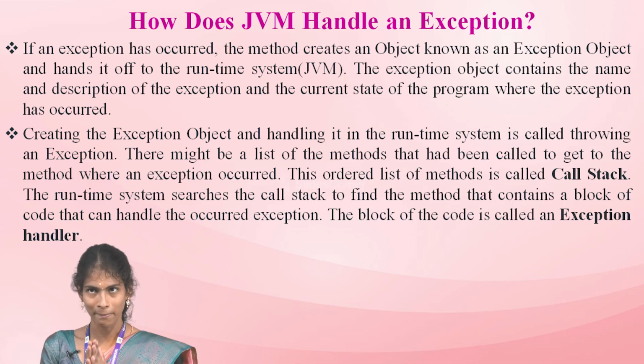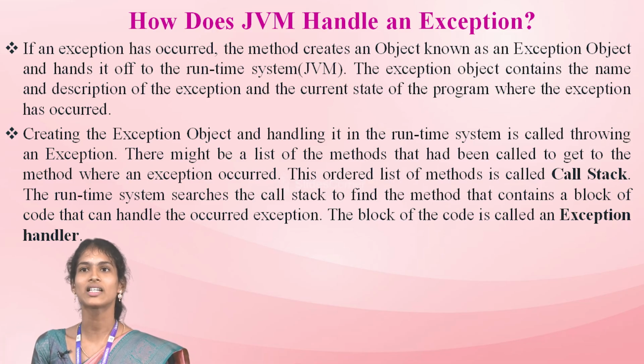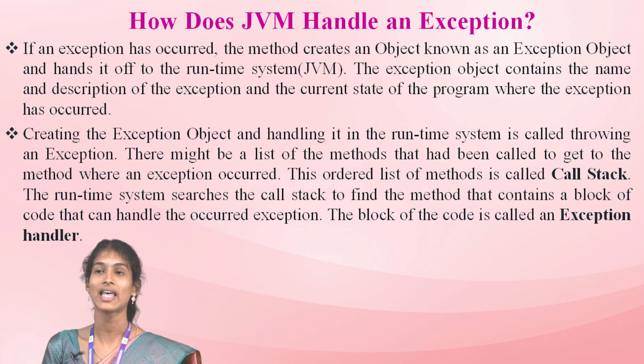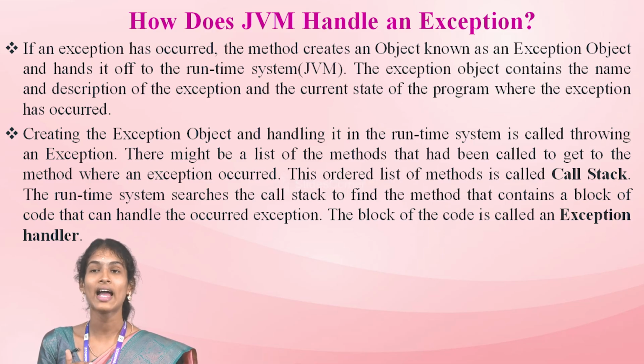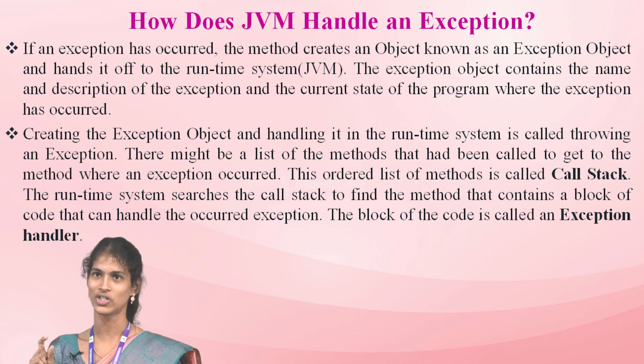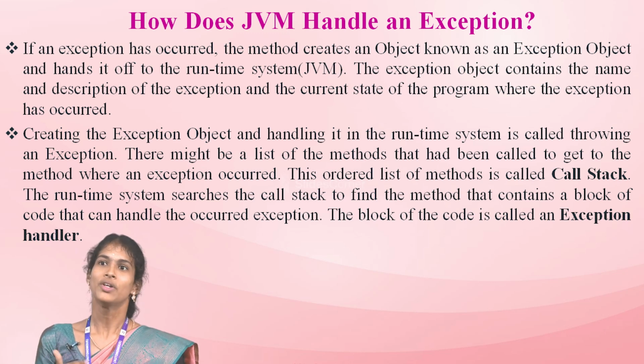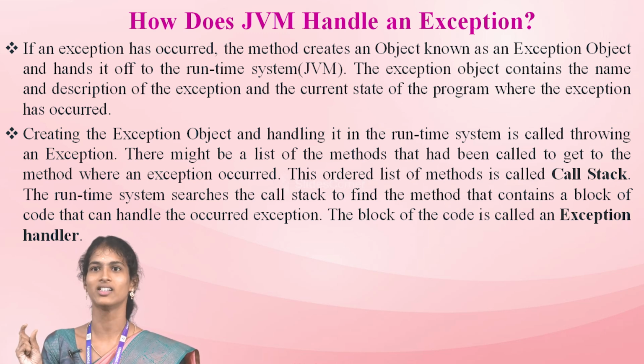Whenever an exception occurs inside a method, the method creates an object known as the exception object and hands it off to the runtime system, that is, the Java Virtual Machine. The exception object contains the name and description of the exception and the current state of the program where the exception occurred.